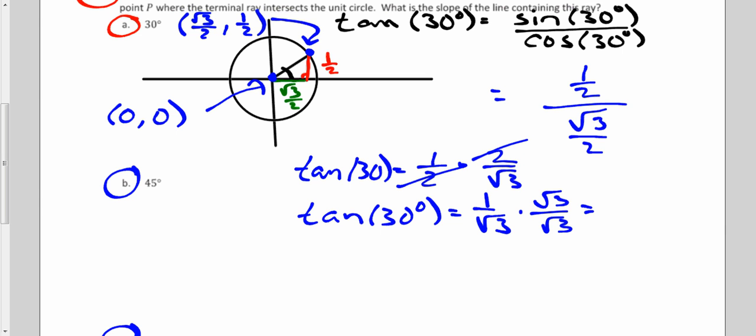Because I don't like radicals in the denominator. So on the top I get 1 times root 3, which is root 3, and on the bottom I get 3. This is the tangent. Why is it okay on the top? It's got to be somewhere. We don't like it on the bottom because I like making life hard on you, Andrew.